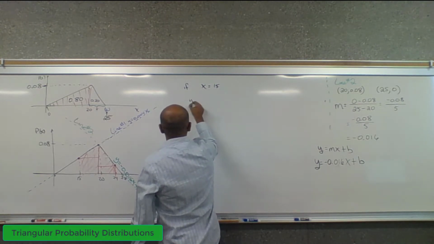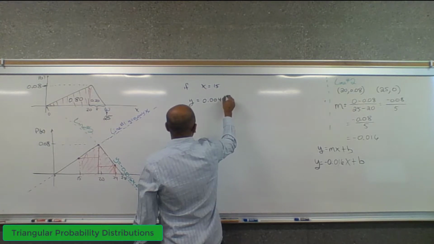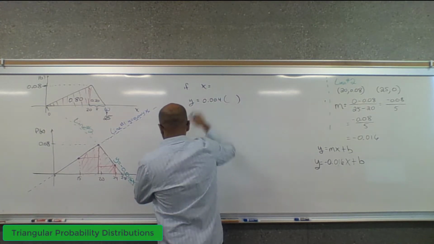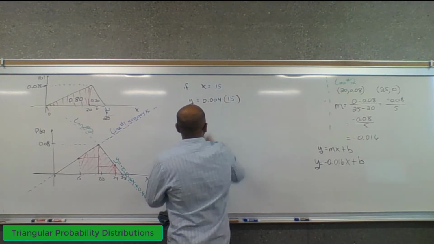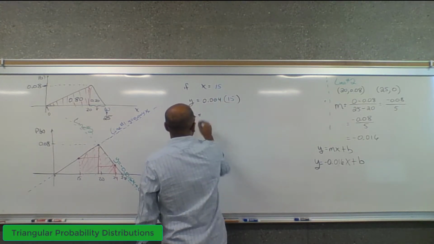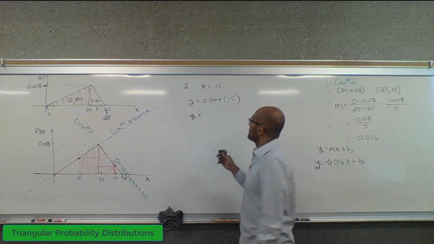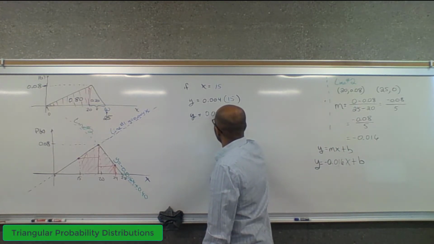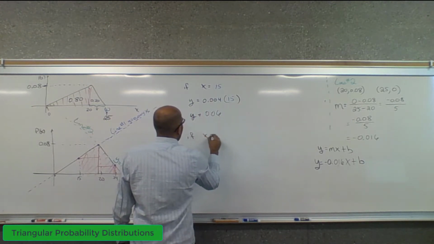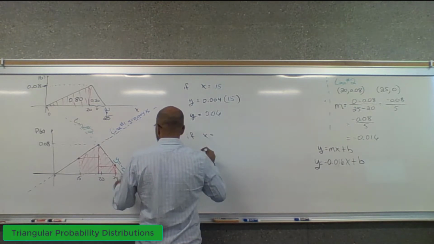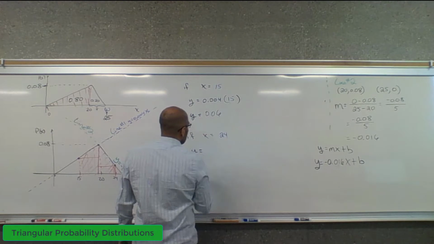Then we get that y is equal to 0.004 times 15. So y is equal to 0.06. Okay, got that.